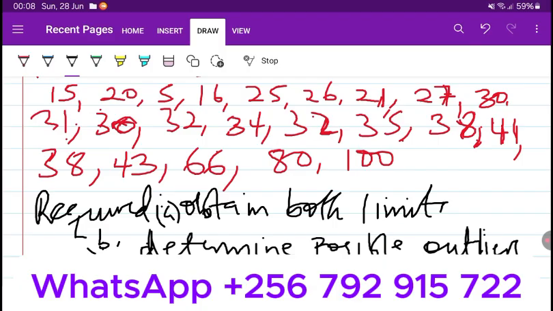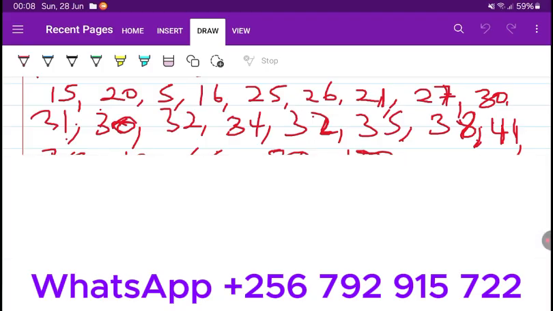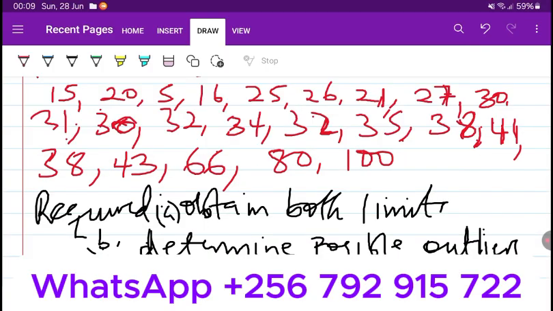They have given us the data set, and of course, one of the things that we talked about from the steps, we said the first step is for us to arrange the data in ascending order.